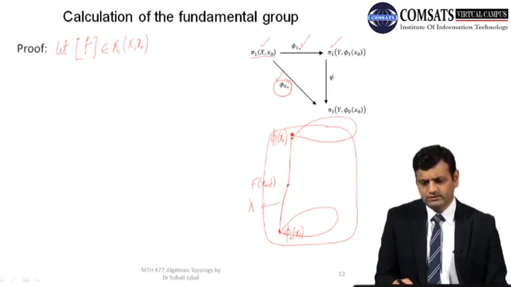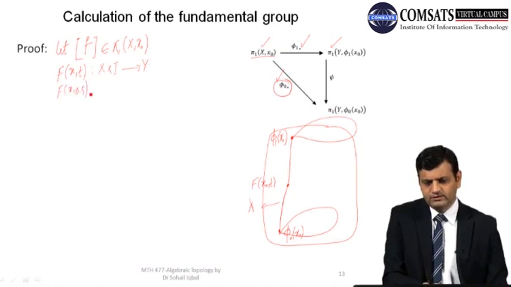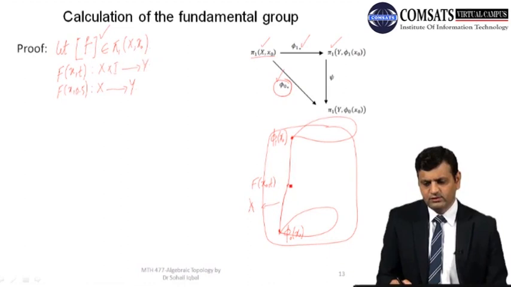Also these functions x t, so this is the function from x cross I to y, and for any particular value of t, so for example if I take t to be 0.5, then this is going to be a function from x to y, and the image of this path class or this loop which is based at x naught is going to be another loop at this point.